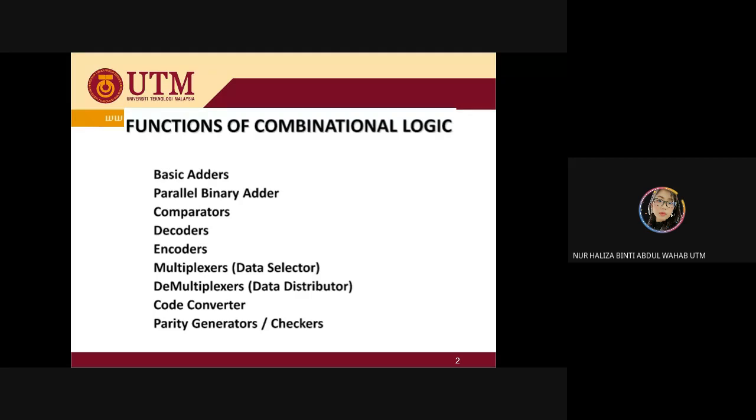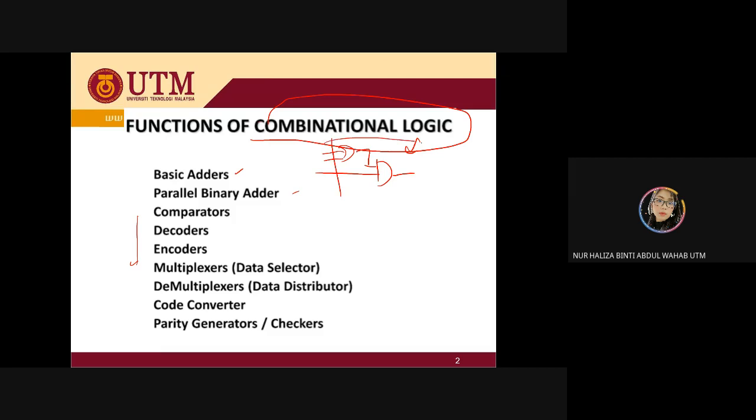So let's move to our module 6. In module 6, what we're going to look into is the basic adder, parallel binary adder, and so on, which is all like a system. Last time you just learned about gates. When you have gates, you combine them and you have a combinational logic circuit.